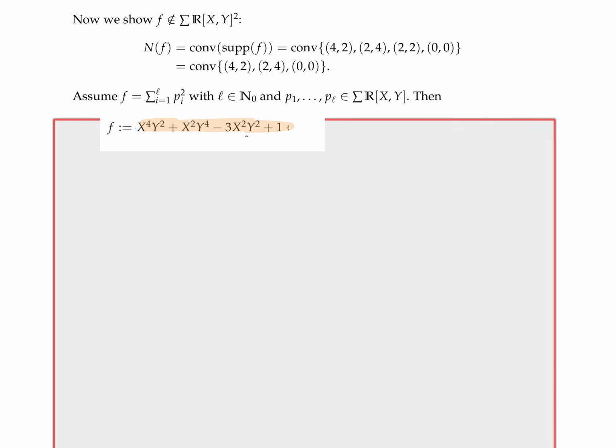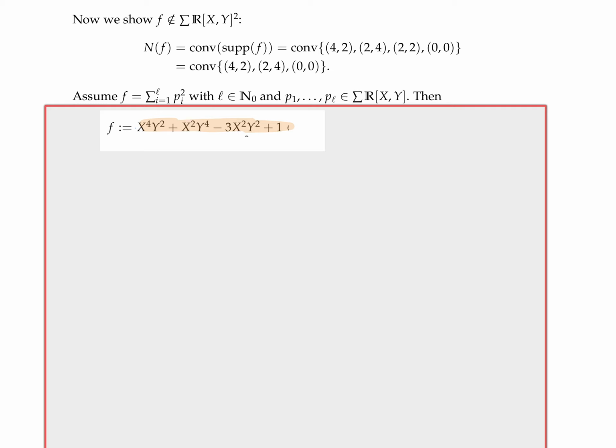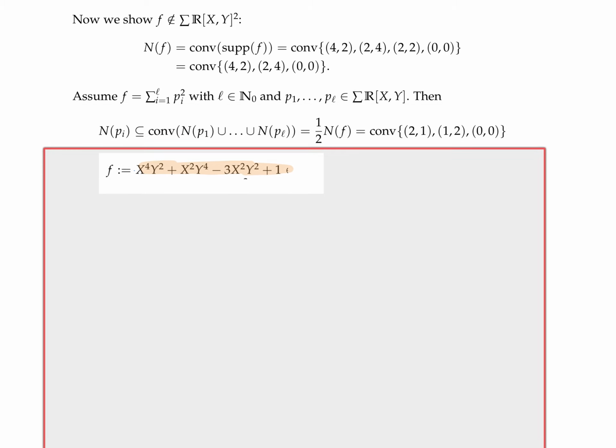And assume, for a contradiction, that f is the sum of squares of polynomials, the sum of p_i squared. Then the Newton polytopes of p_i are contained in the convex hull of the union of the Newton polytopes of p_i, that's trivial.